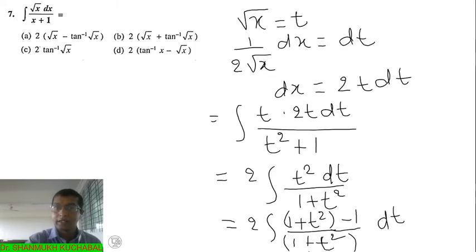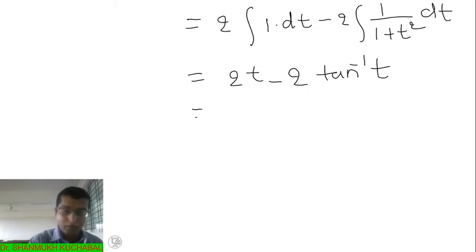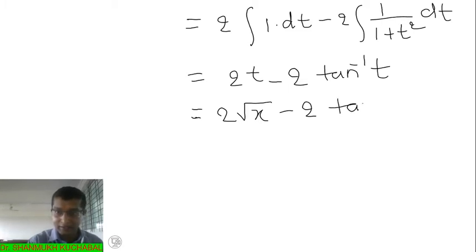Further we have to write t value as root x. So we get 2 root x minus 2 tan inverse root x, where I have taken the value of t as root x. So the answer is 2 root x minus 2 tan inverse root x.